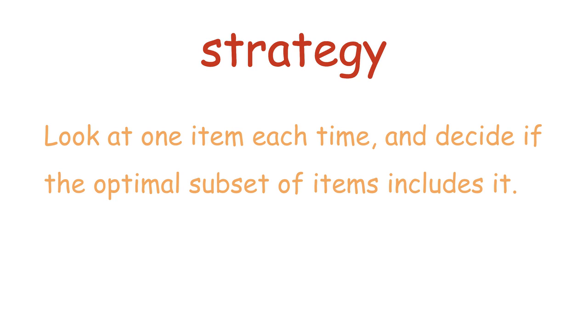Let's start with the first condition and show that this problem indeed can be solved with recursion. The strategy that we are going to use is to look at one item each time and decide if the optimal subset of items includes it or not. Let's start by defining two functions for the sake of the explanation.